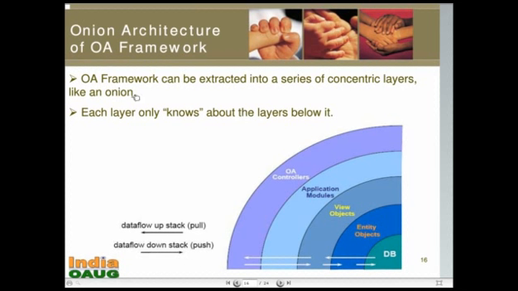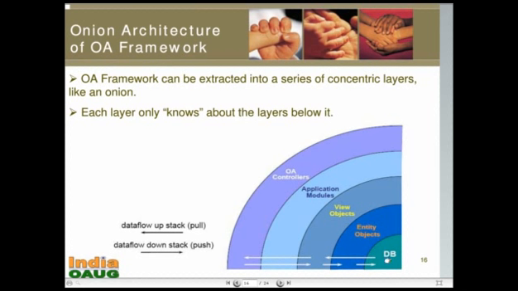You have the layers one by one; in the same way, this architecture works. Each layer only knows about the layers below it. This is very important: each layer only knows about the layers below it.